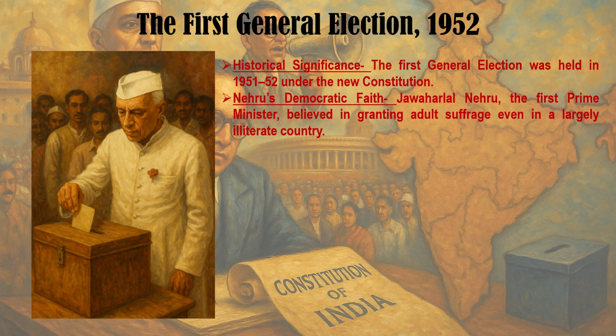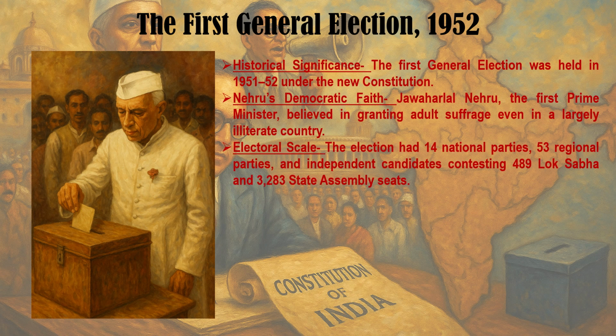Jawaharlal Nehru, the first prime minister, believed in granting adult suffrage even in a largely illiterate country. So, even though India was illiterate according to Western criteria of literacy, Jawaharlal Nehru still believed that every person above 18 years of age should cast their vote.